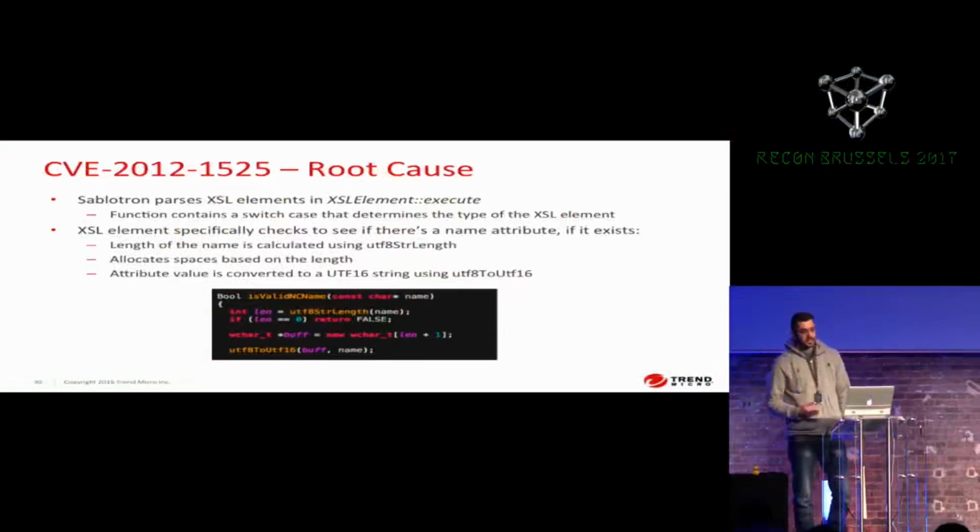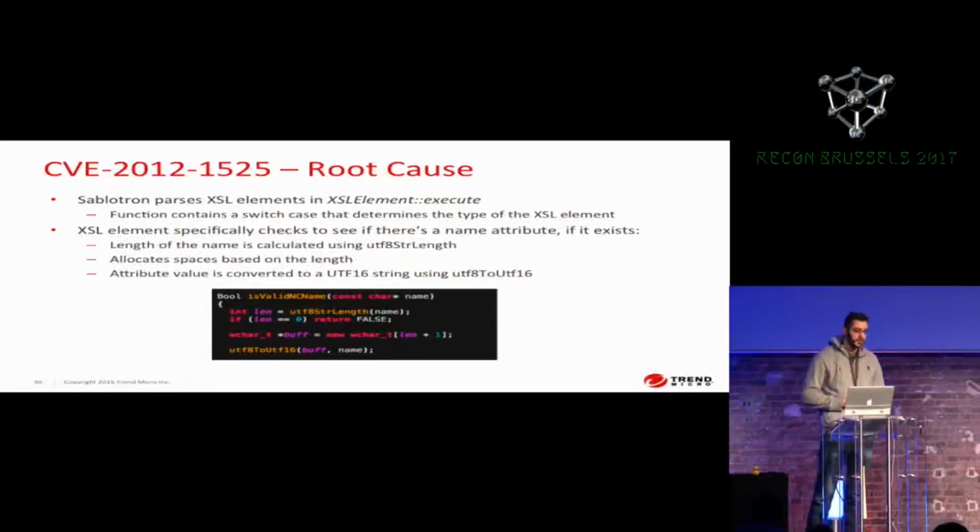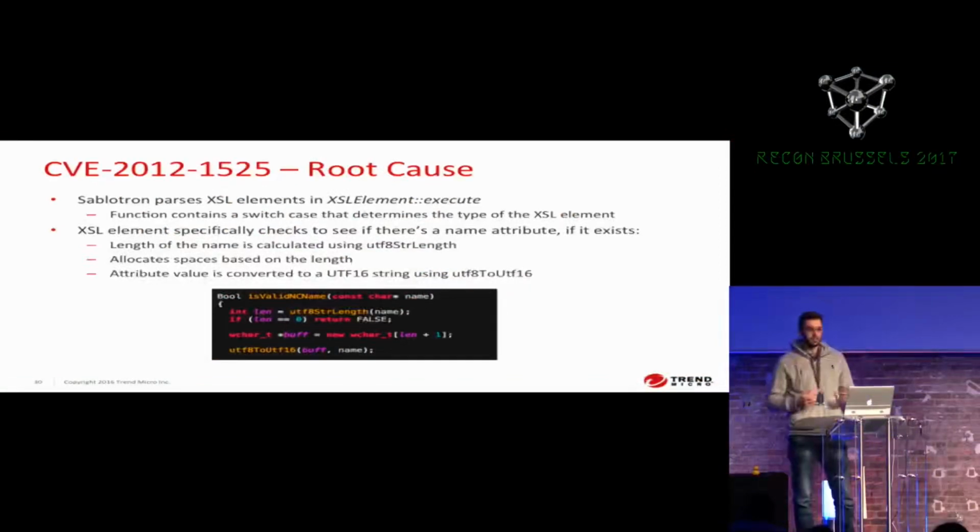So XSL elements in Sublatron are parsed inside a class called XSL element. Inside it has a method called execute that contains a big switch case and parses the elements based on the type. The way this works is that it checks whether each element has a name attribute.